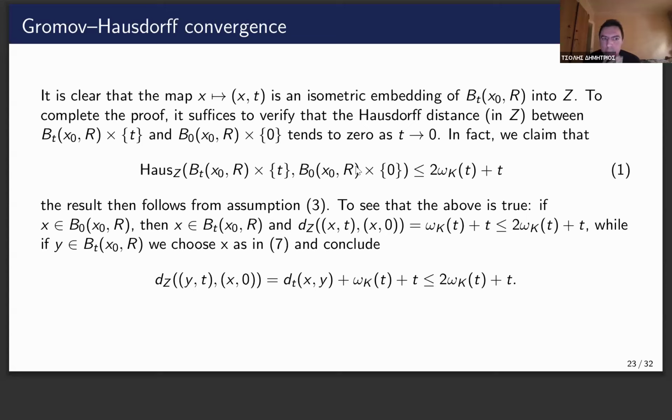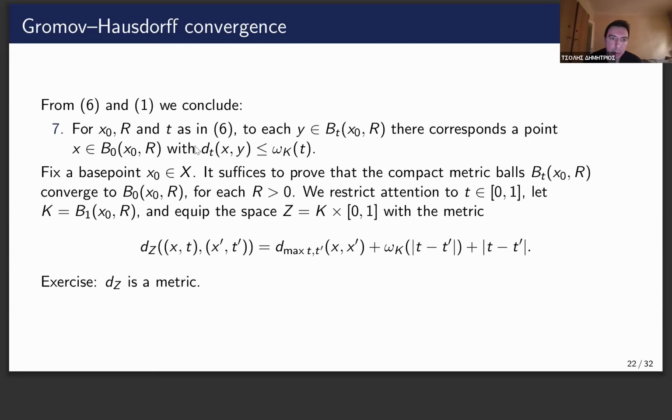So to see this, we just take a point in B0 and another point in Bt, and we have that the distance between x_t and x0 is equal to omega K of t plus t, and this is bounded by 2 omega K of t plus t. And essentially, we use 7, which is the thing that we proved.